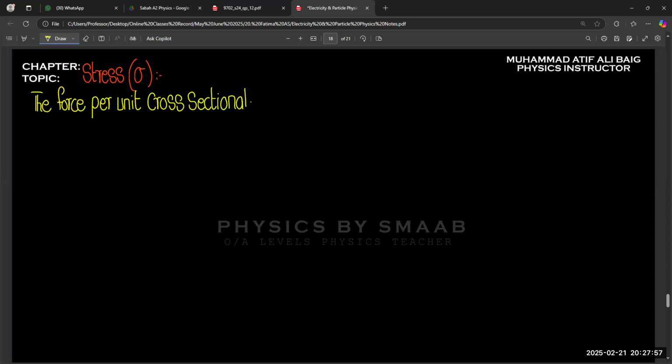This formula is the same as the formula of pressure. Pressure is also equal to force upon area. So when you try to change the shape of an object, we exert force on that object, and definitely when we apply force, it also covers some area. That is equal to the quantity of stress. And this is the definition.